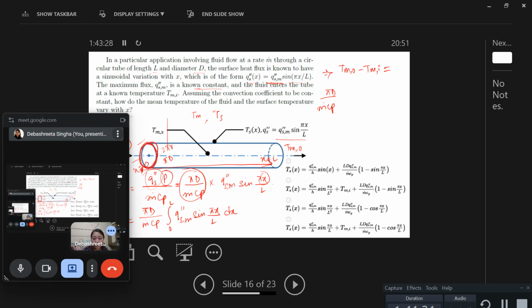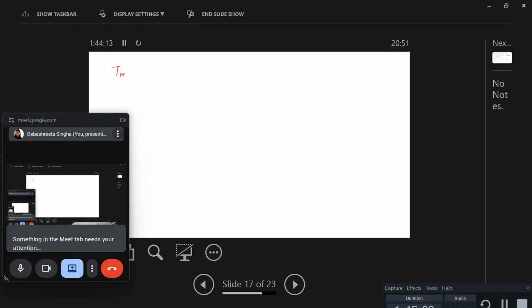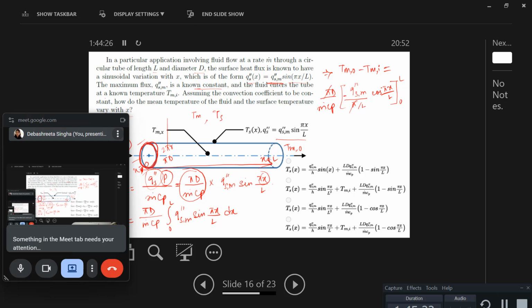Now if we integrate it, the integration of sine x is minus cos x, divided by pi by L, so minus cos pi x by L from 0 to L. Now pi will get cancelled, so we get L d divided by m Cp. Keep this as it is, since the maximum flux is a known constant, so we can take it out.